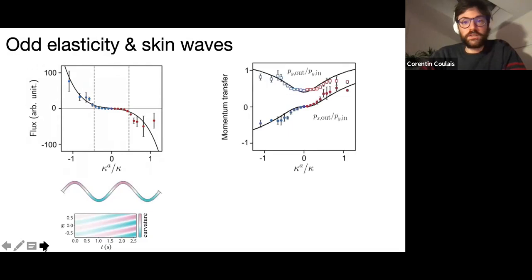And you can even use that to actually construct or predict the impact property. So this is the momentum transfer. So basically, how much momentum you gain in a vertical direction and how much momentum you gain in the horizontal direction as a function of the gain. This is the gain here. And this is the data. You see that here I bounce right, here I bounce left.